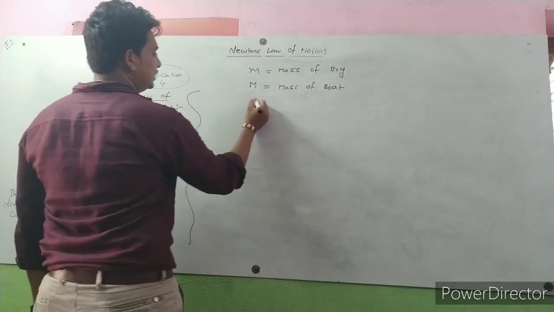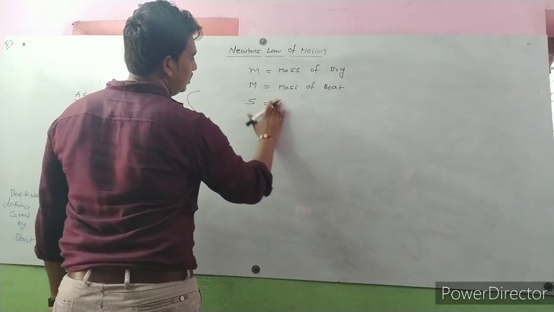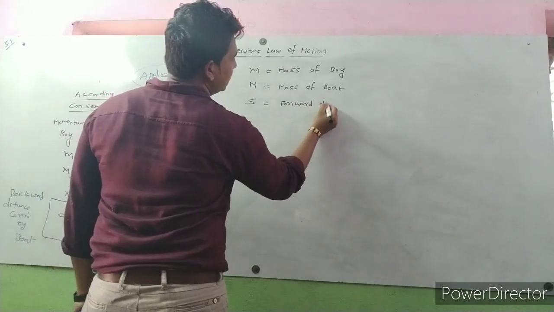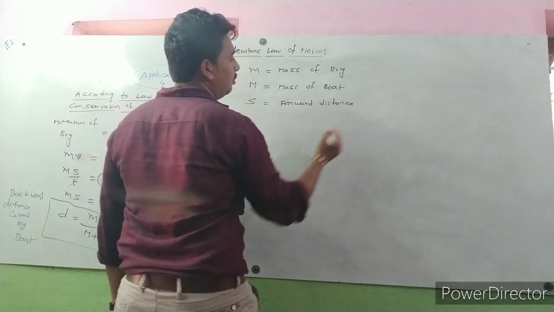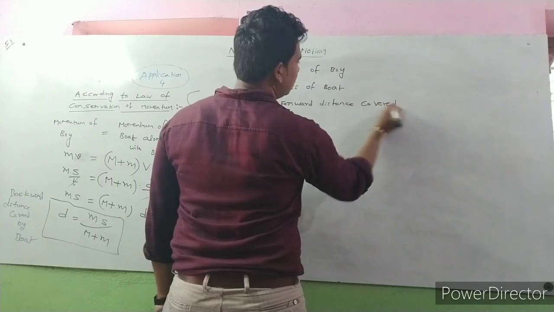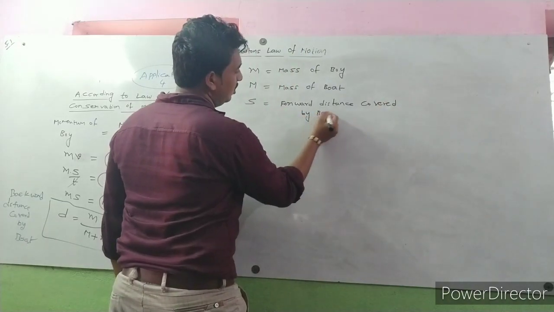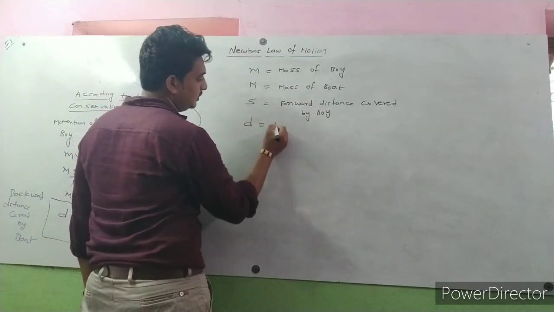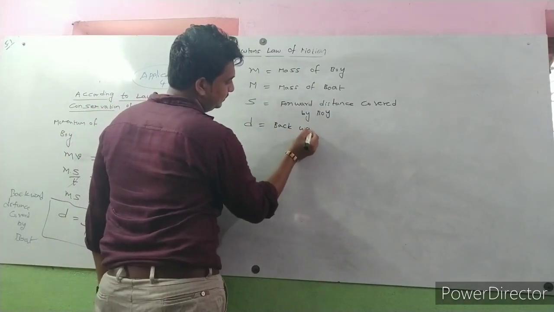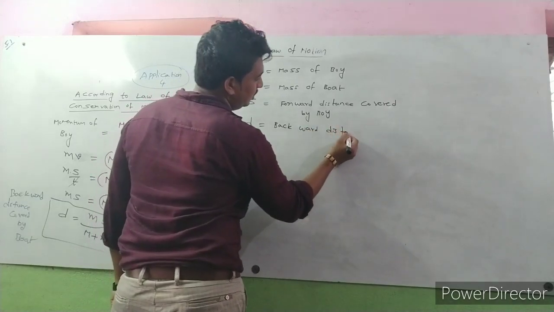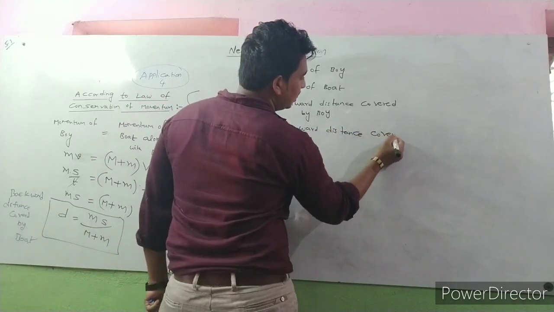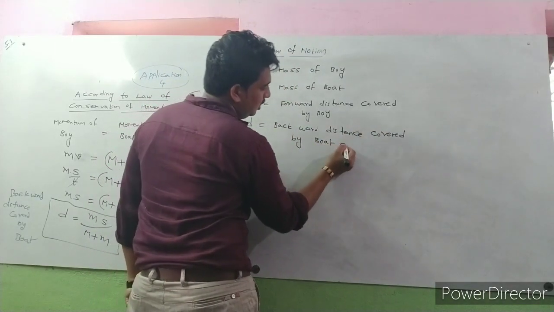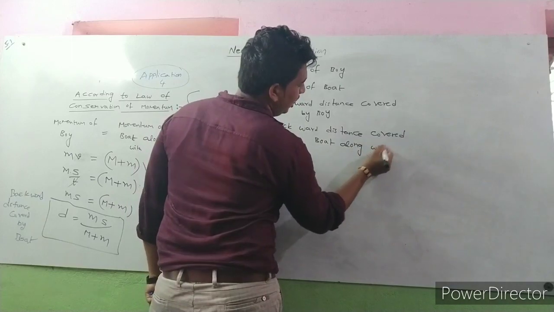Next, s means forward distance covered by the boy. Next, d means backward distance covered by the boat along with the boy.